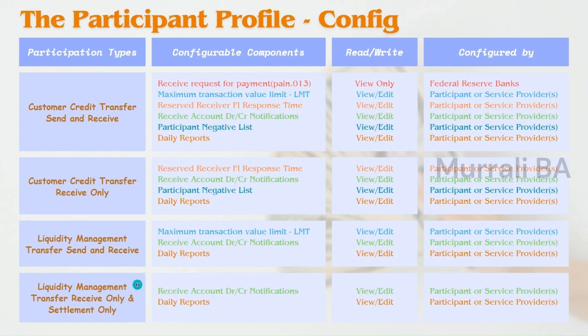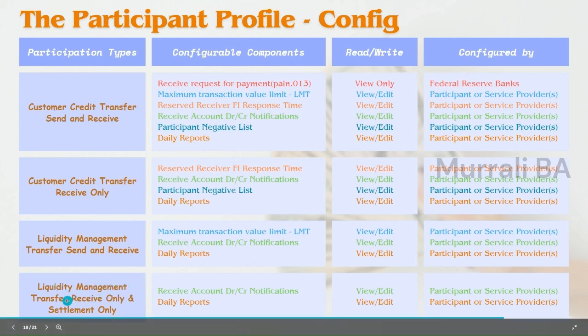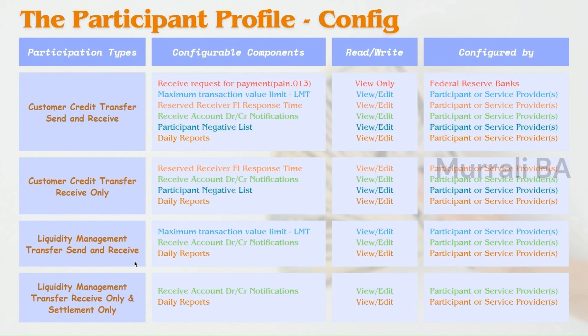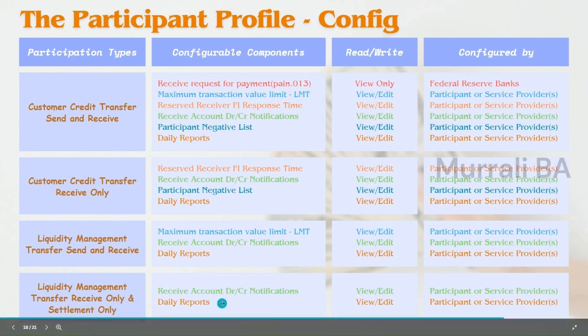When you choose liquidity management transfer receive only, or settlement only, meaning you chose to be a correspondent providing only the settlement service, you are eligible to have daily reports.